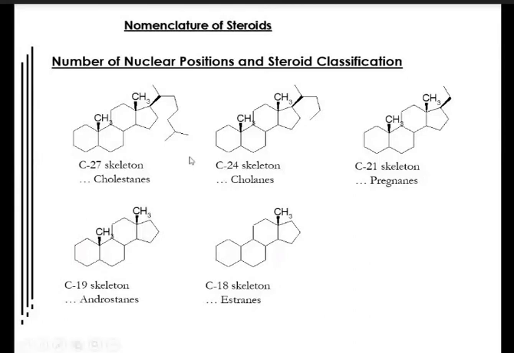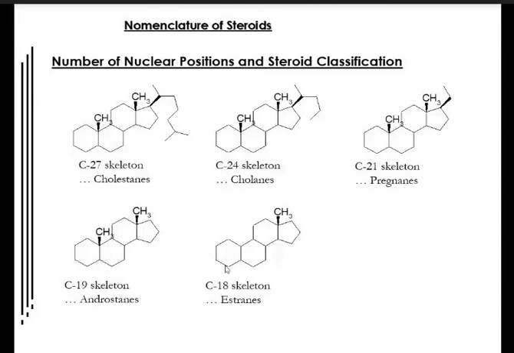An example is pregnenolone. If you shorten the structure further, the 19 skeleton is called androstane, as in androstenedione. If you go one carbon atom shorter, removing the methyl group from this position, it becomes an 18 carbon skeleton, which is called estrane. Now remember: cholestane, cholane, pregnane, androstane, estrane.